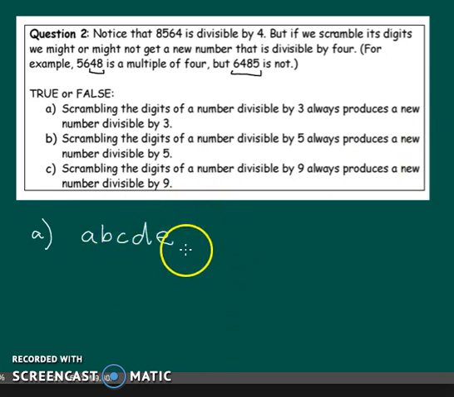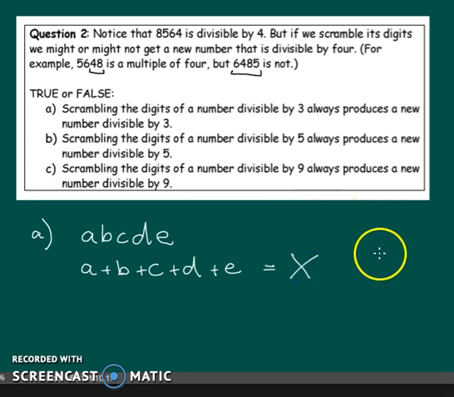That's a number. So in order to find out if it's divisible by 3, we're going to add those together. A plus B plus C plus D plus E. And we find out that we get some number, let's call it X, and X is divisible by 3.